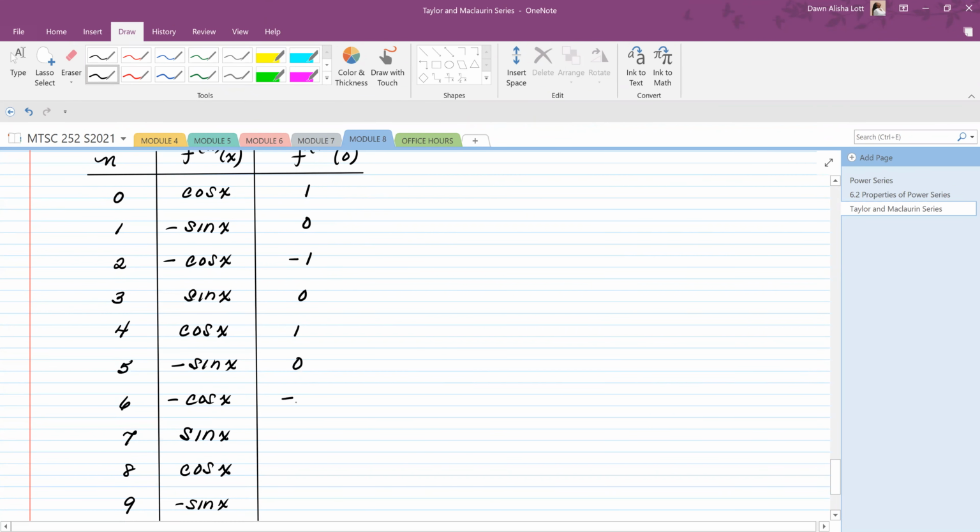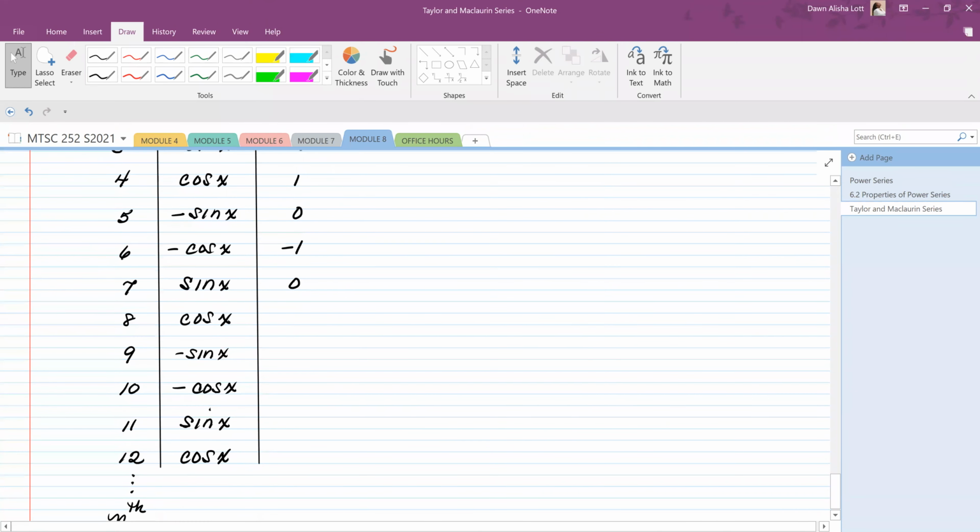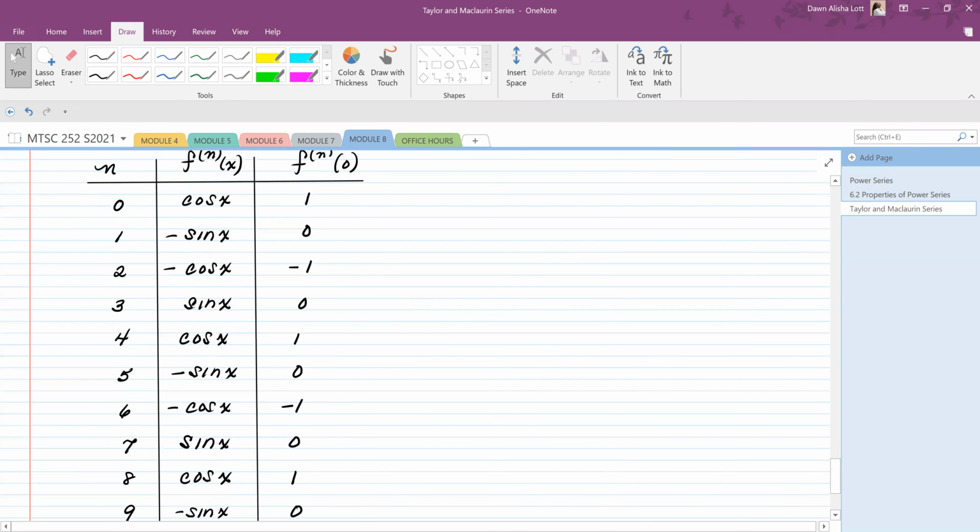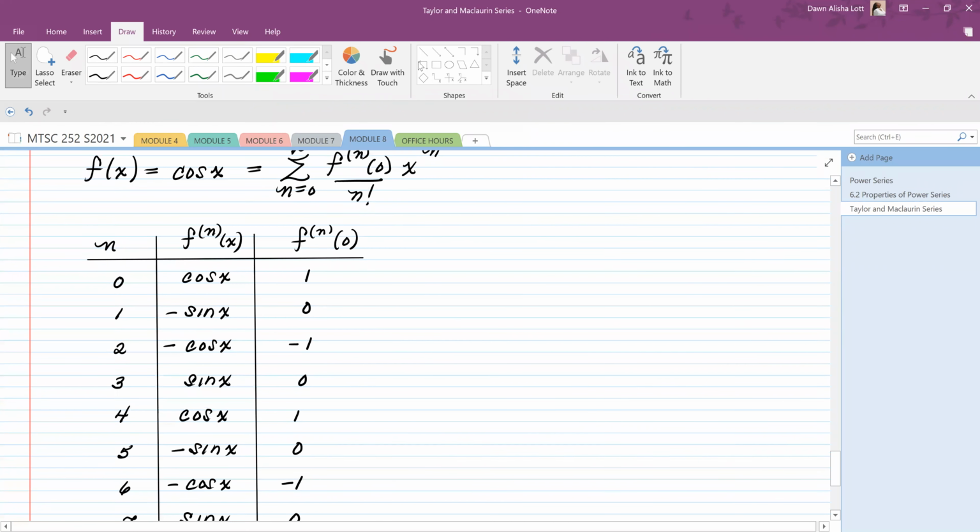Negative cosine is -1. And sine is 0. Okay. Well, I kind of see a pattern here. I'm going to get 1, 0, -1, 0, 1. Okay, I don't know if I can do anything with it yet, but I definitely see a pattern.